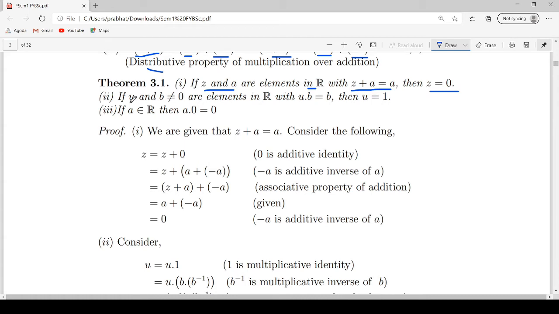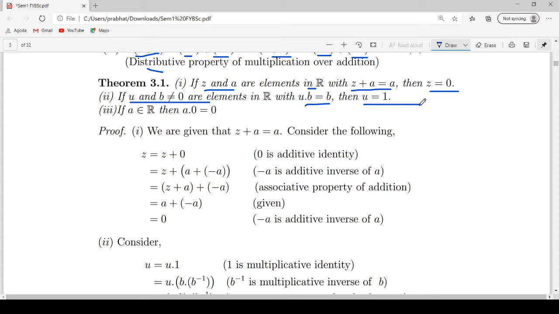Second statement says, if U and B are elements in R such that B is non-zero and U dot B is equal to B, then U should be equal to 1. That means no other element can act as multiplicative identity.